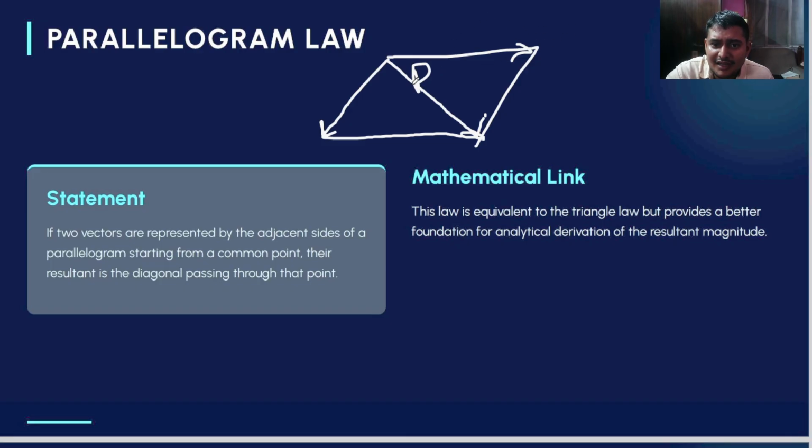This is the resultant, this is vector A and this is vector B. So these two vectors are represented as the adjacent sides of the parallelogram and they are starting from the common point. This is the common point, and their resultant is the diagonal passing through that point. This law is equivalent to the triangle law but provides a better foundation for an analytical derivation of the resultant's magnitude. The parallelogram law is very important to derive the magnitude of the resultant vector.